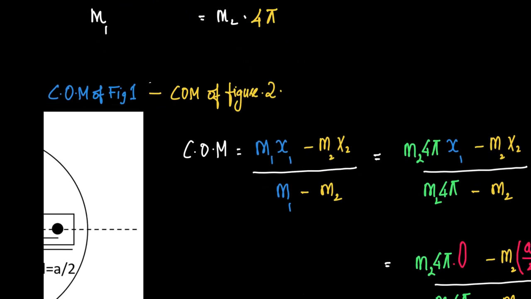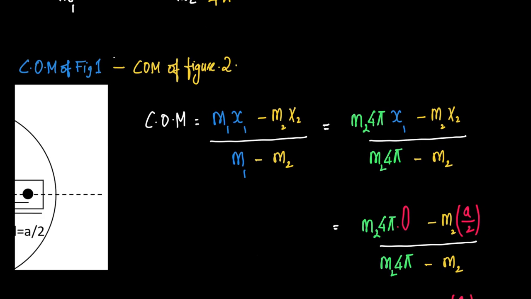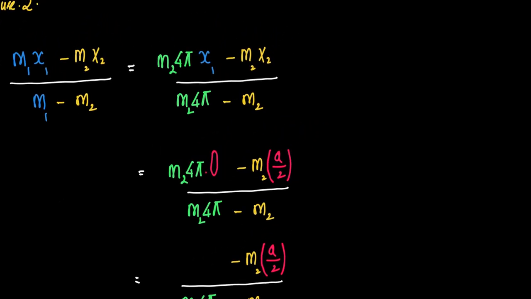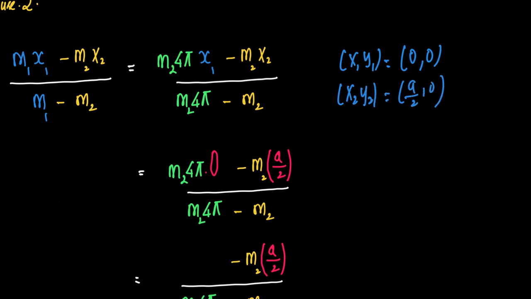So the center of mass of the composite body was m1 x1 minus m2 x2 by m1 minus m2, where we have the relation m1 equal to 4 pi m2, so m1 can be replaced by 4 pi m2. Since x1 comma y1 is 0 comma 0 and x2 comma y2 is a by 2 comma 0, x1 is 0, so that term gets eliminated.